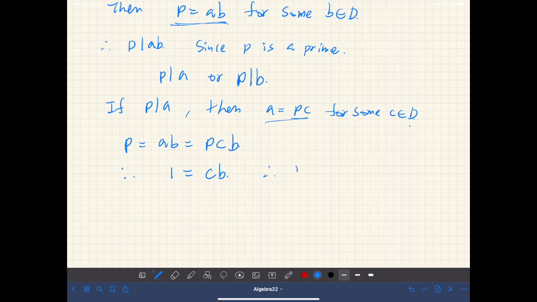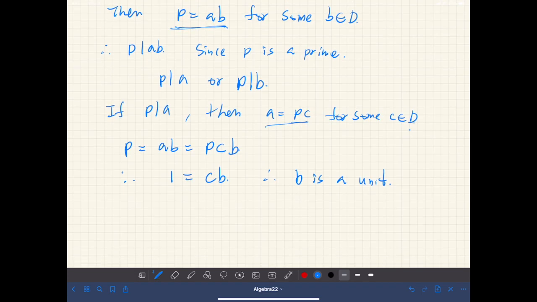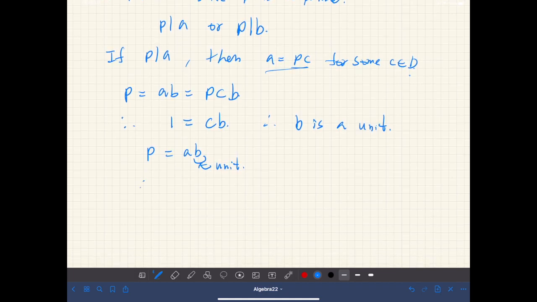Therefore, B is a unit. So P is AB and B is a unit. Therefore, P is an associate of A.